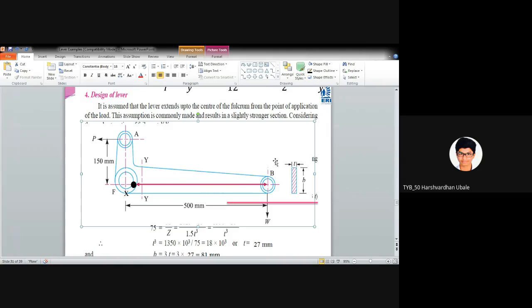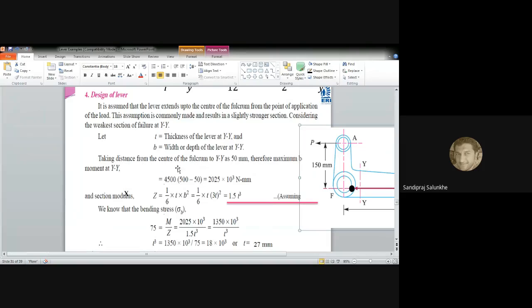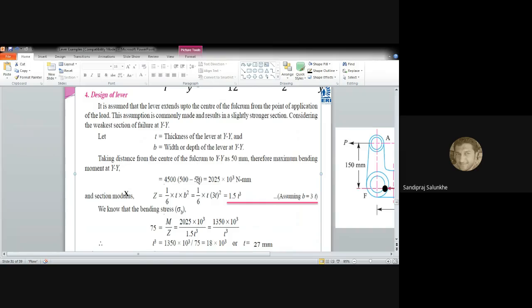So 500 minus 18 multiplied by 4500. Instead of this 15, 50 we are going to take as 18. 2169 into 10 raised to 3, sir. Okay. You take this bending moment and calculate the thickness again by considering the same Z. Z is equal to 1.5 into T cube. This bending moment will be what value you have calculated right now?